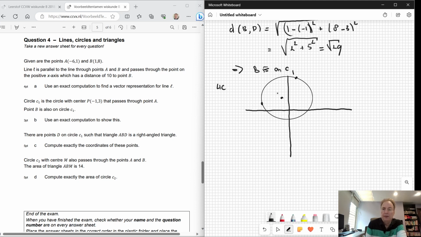Now, D is somewhere on the circle. The question would be where that right angle is. They don't specify that at all.